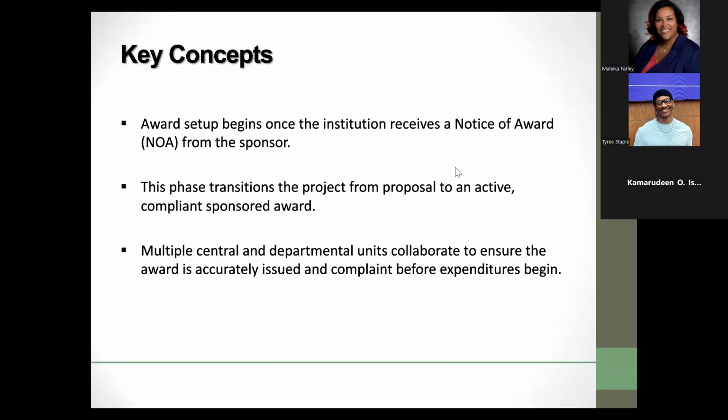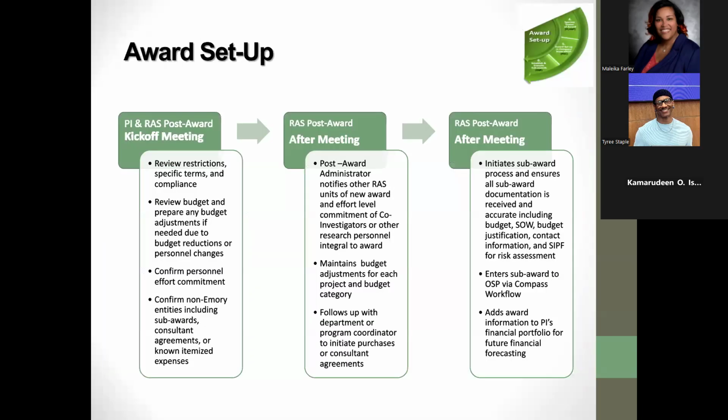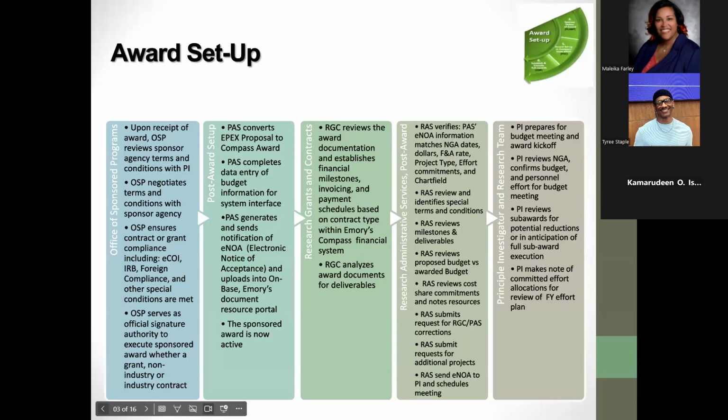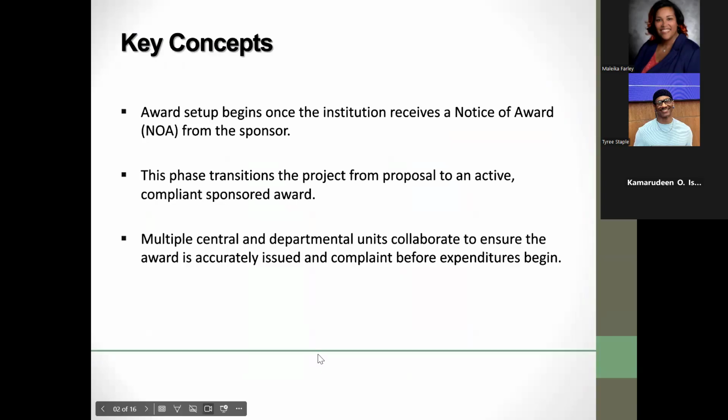Okay, want to go through some key concepts. The award setup begins at the time that the institution receives a notice of award, which is the official notice of the award from the sponsor.